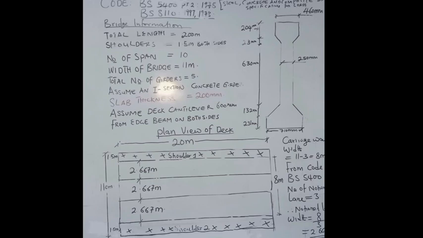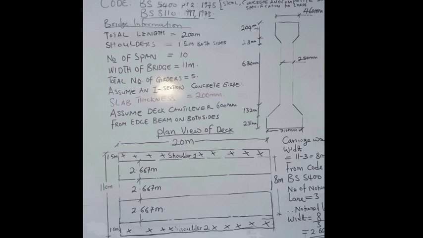Now let's assume that the deck has cantilevers of 600 measured from the center line of the edge girder to the end of the deck slab on both sides. All right. Now we want to look at the plan.